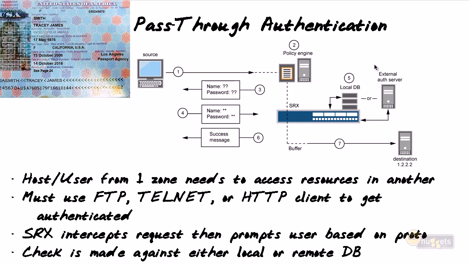So the advantage of an external authentication server is if you need to have pass-through authentication on a lot of appliances between different devices in different zones, and if you have quite a few of these kind of ad hoc connections that have to take place, either between the trust zone and the DMZ, or the untrust zone and the trust zone, or the untrust zone and the DMZ. Or there's other zones as well.